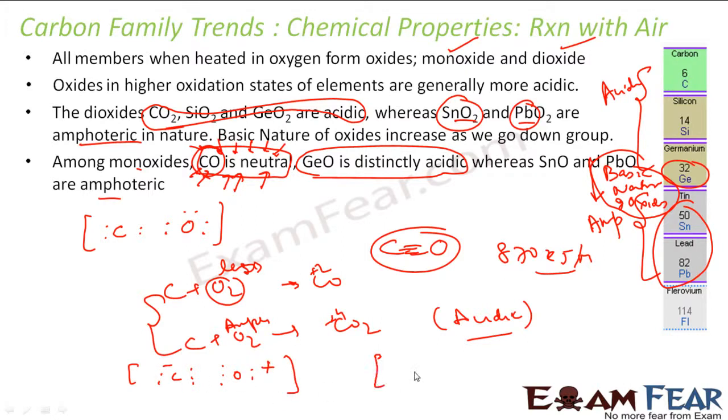The other structure can be where they share these 2 electrons, so carbon gets a positive charge. Because of the resonance, which is actually 3 different structures for carbon monoxide, it gets extra stability.